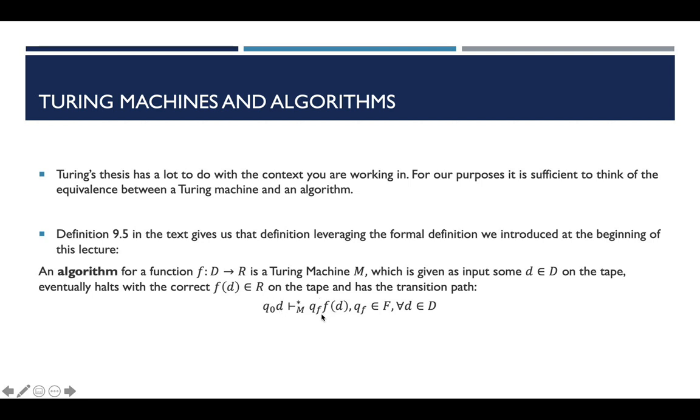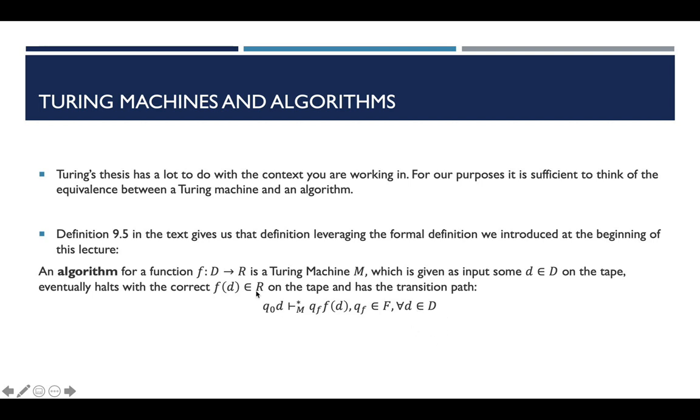Remember, in our previous examples, we have left qf at the end. It doesn't actually matter. You can take qf and rewind it to the beginning. It's inconsequential. What this is saying is I can take an element of the domain to begin with, translate it into an element of the range, and terminate in some q sub f such that q sub f is in our final accepting states, and this is true for any d that's inside of the domain that I can come up with.